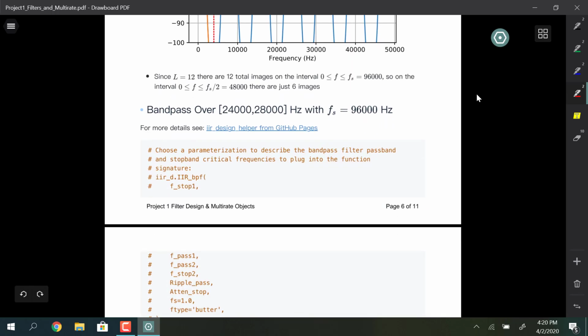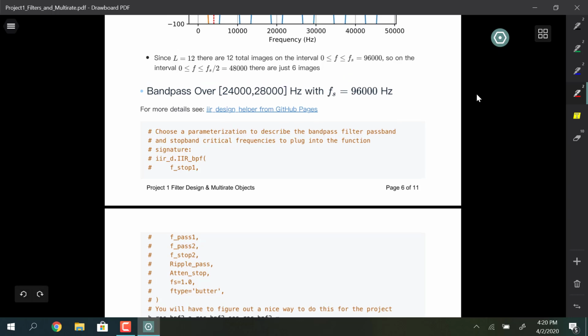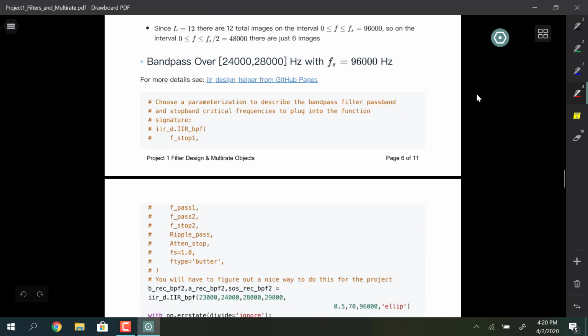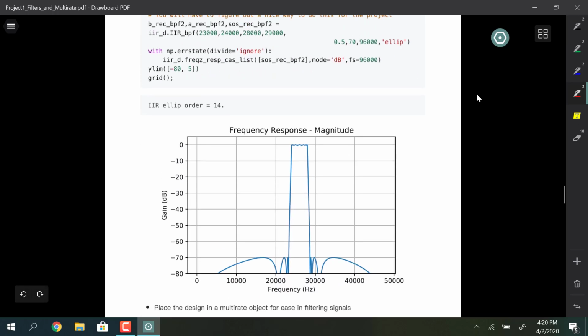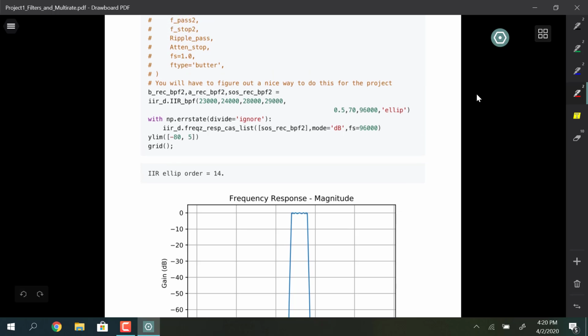Then the next design is the bandpass that has to tune over some frequency range. It has to be programmable. In this example, I have it going from 24 to 28, which is 4 kilohertz, and I just pick an example of that. What you will do in your project is make these 4 values be parameterized.